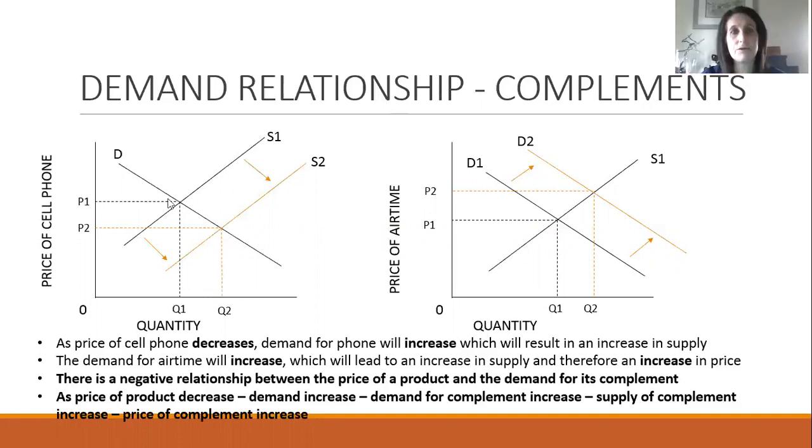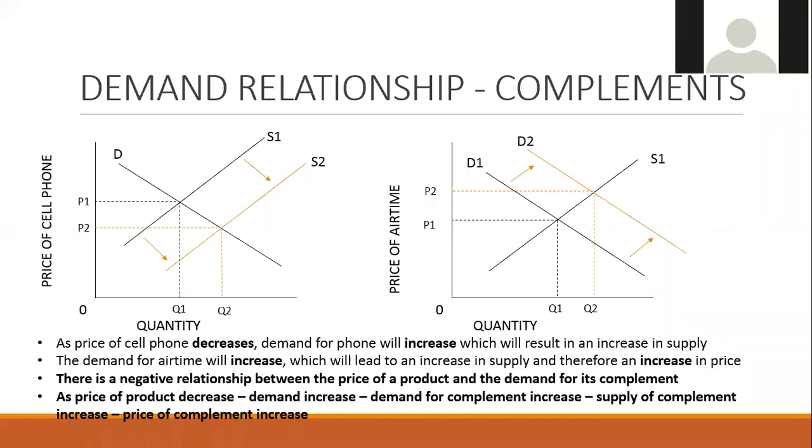So cell phones are getting cheaper, so there's bigger demand for that, there's bigger supply of that, which leads to a decrease in price. The complement is airtime, so if there's an increase in cell phones, there must be an increase in the demand for airtime as well.